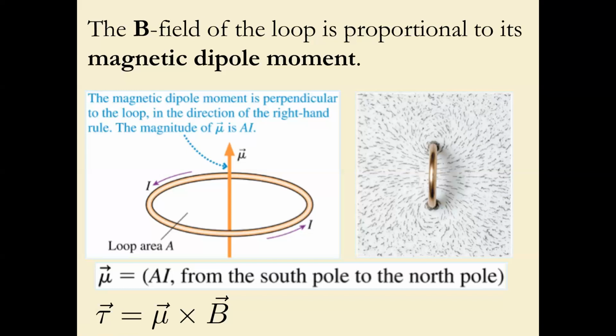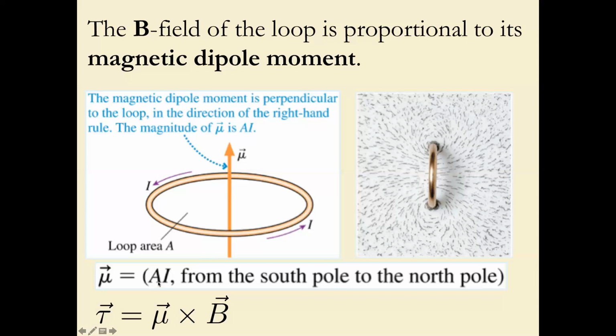In a similar way, we define mu, which is the magnetic dipole moment for this chapter, and we see that it is perpendicular to the loop. We still determine the direction of the magnetic dipole moment by the right-hand rule, which means that we curl our fingers in the direction of the current, and our thumb this time shows the direction of the magnetic dipole moment.